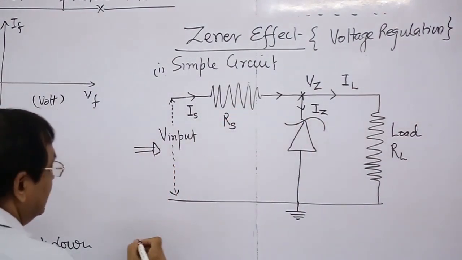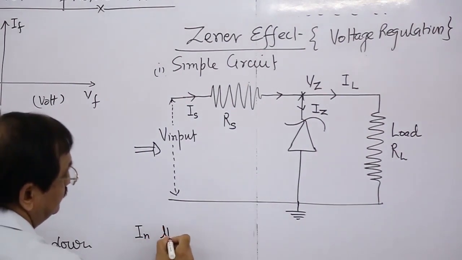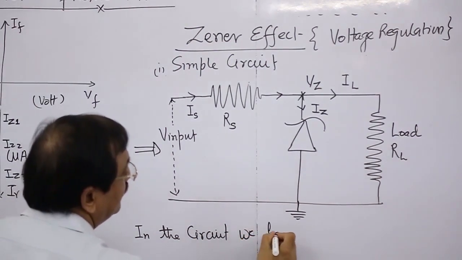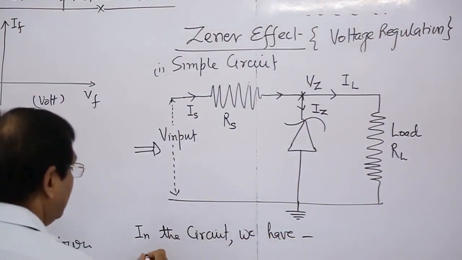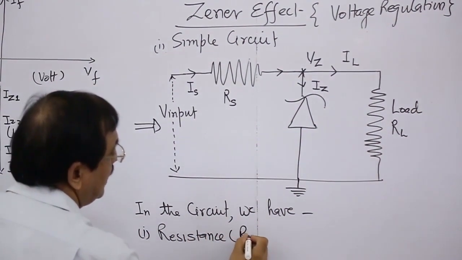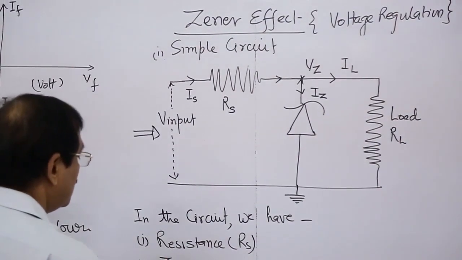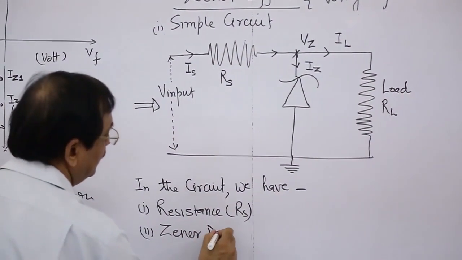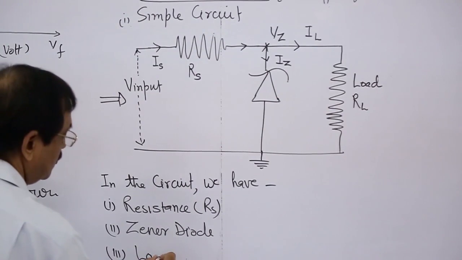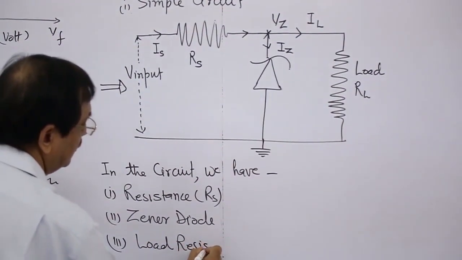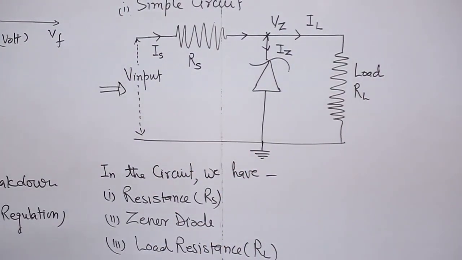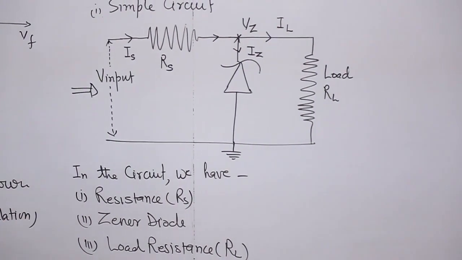So, in the circuit we have number one, resistance RS, number two, Zener diode, and number three, load resistance RL. These are the three requirements in this particular circuit.